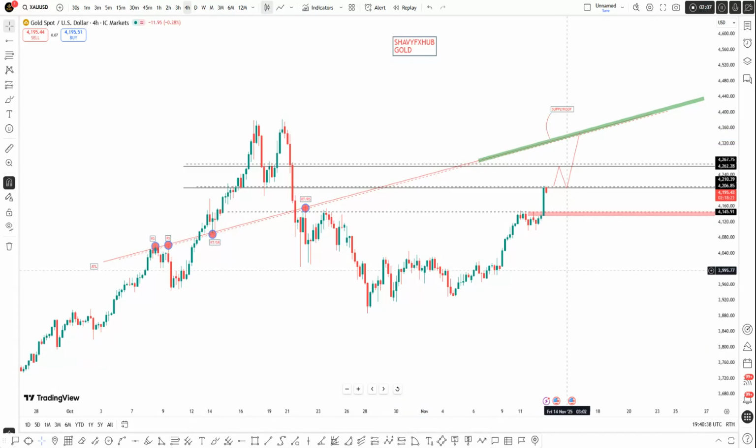So this is your new demand floor after break of structure.